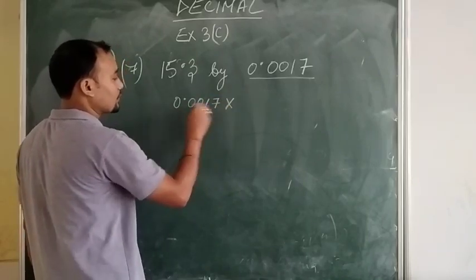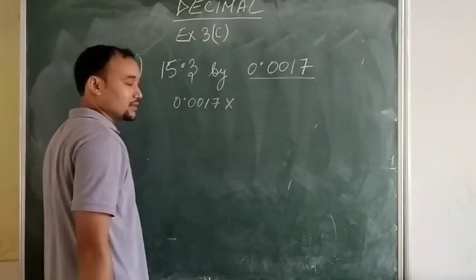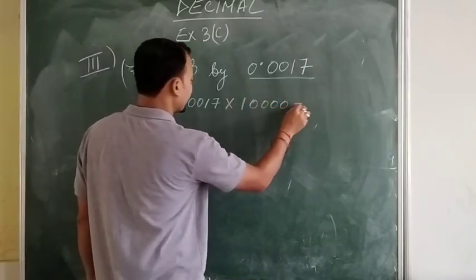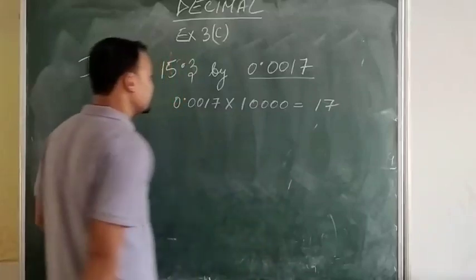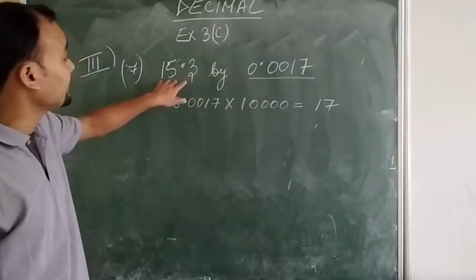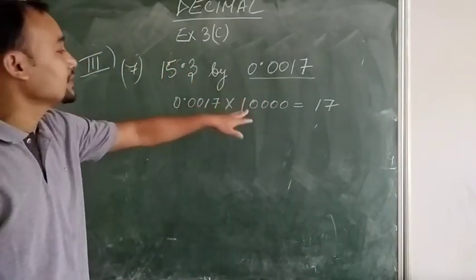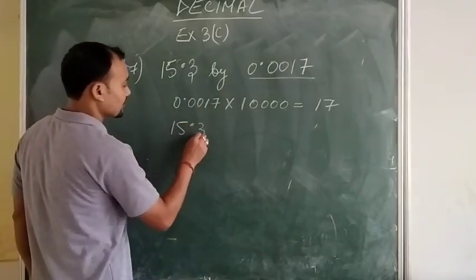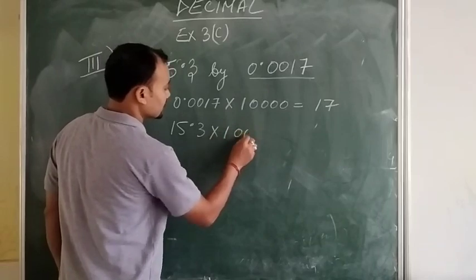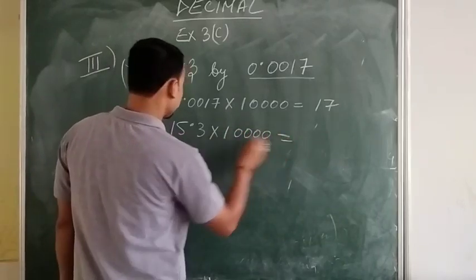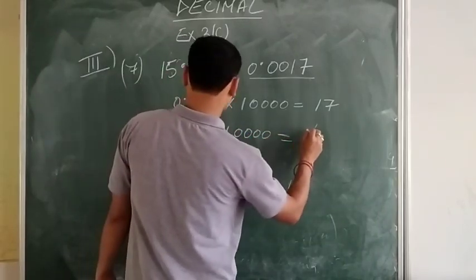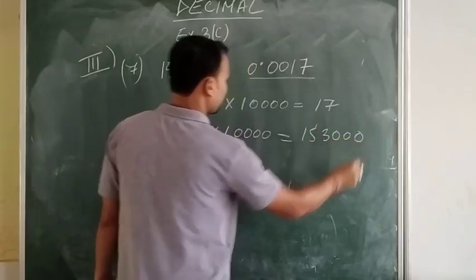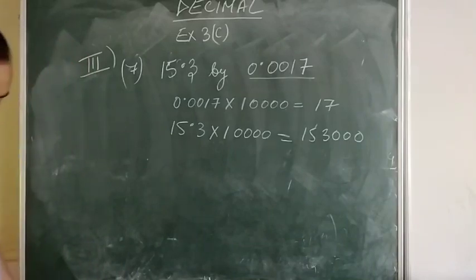We need to multiply 0.0017 by 10,000, that is 4 zeros, making it 17. Similarly, we have to multiply the dividend, 15.3, by 10,000. This comes to 153000, with 3 more zeros. The number becomes huge.